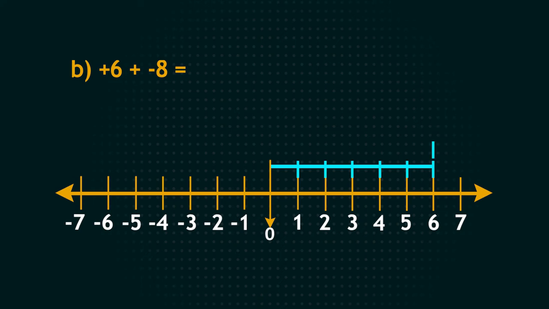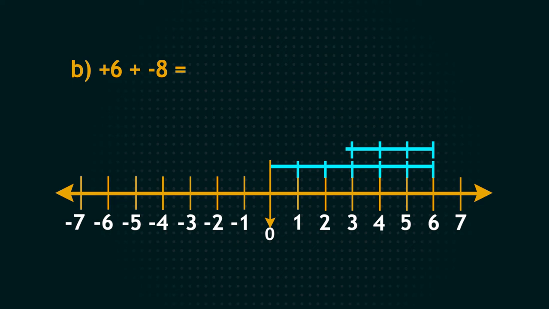So from positive 6, make 1 step moving in the negative direction. That will put you at positive 5. The second step will put you at positive 4. The third step will put you at positive 3.